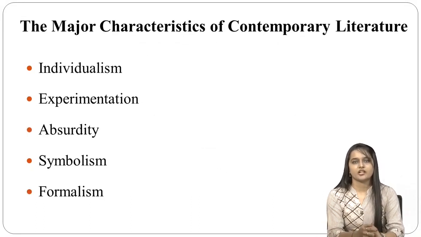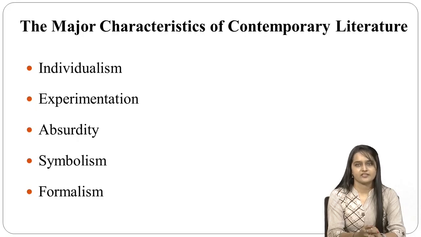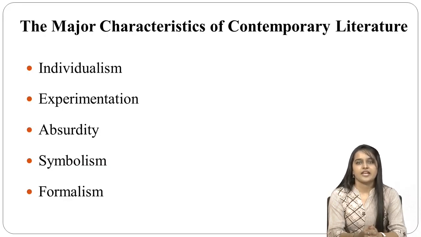Now let's talk about the major characteristics of contemporary literature. First characteristic is individualism. The individual is more interesting than society. Specifically, modernist writers were fascinated with how the individual adapted to the changing world.